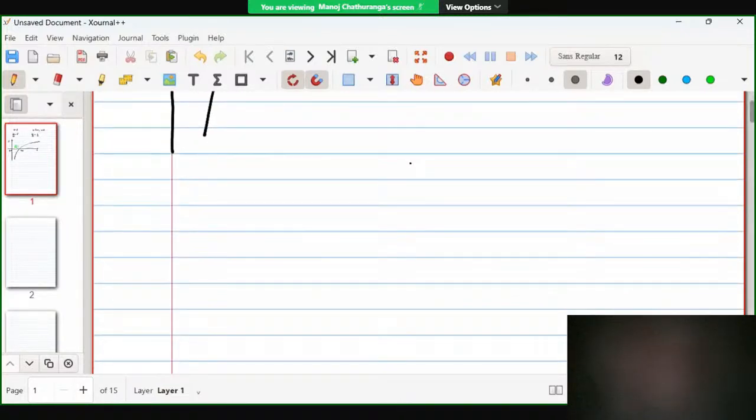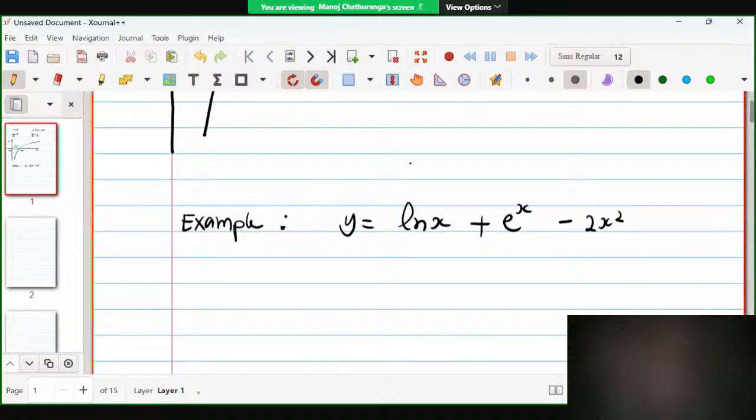Now, you can combine natural log of x with other functions. Example, ln x plus e to the x minus 2x squared.